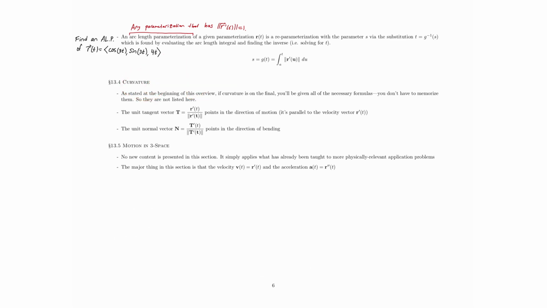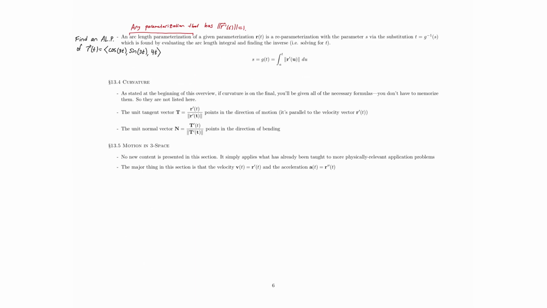So, to do this, we are first going to set up this. This is the arc length integral.